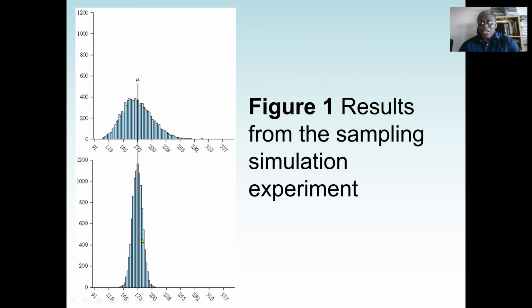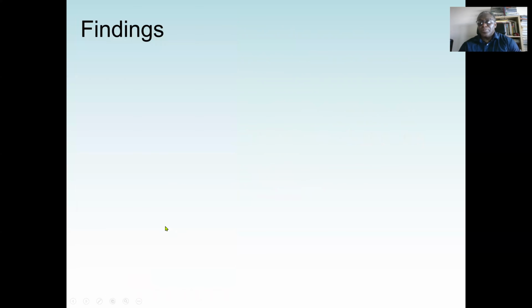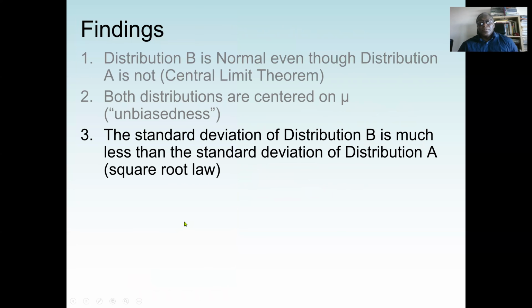This will be the standard deviation of the sample means, which is called the standard error, and it's equal to the population standard deviation divided by the square root of the sample size. So as the sample size increases, our standard deviation for the sample will be smaller. So those are the three findings we have from the sampling distribution of the mean.